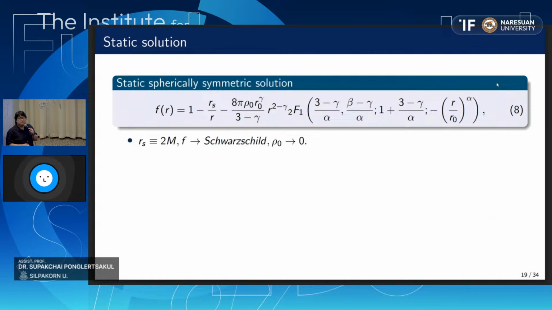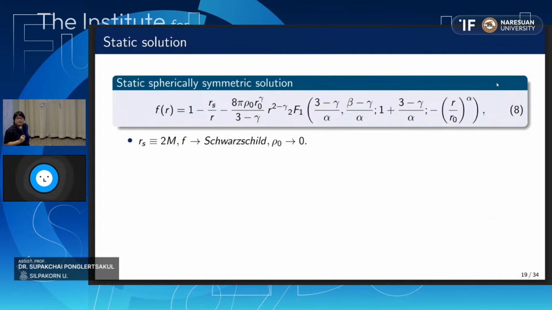Why do you keep R_s? Because otherwise, if you set rho_0 to be 0, then it goes to Minkowski space, asymptotically flat. No, you keep R_s non-zero because you want to obtain a singular solution. Oh, yeah, I know what you mean.